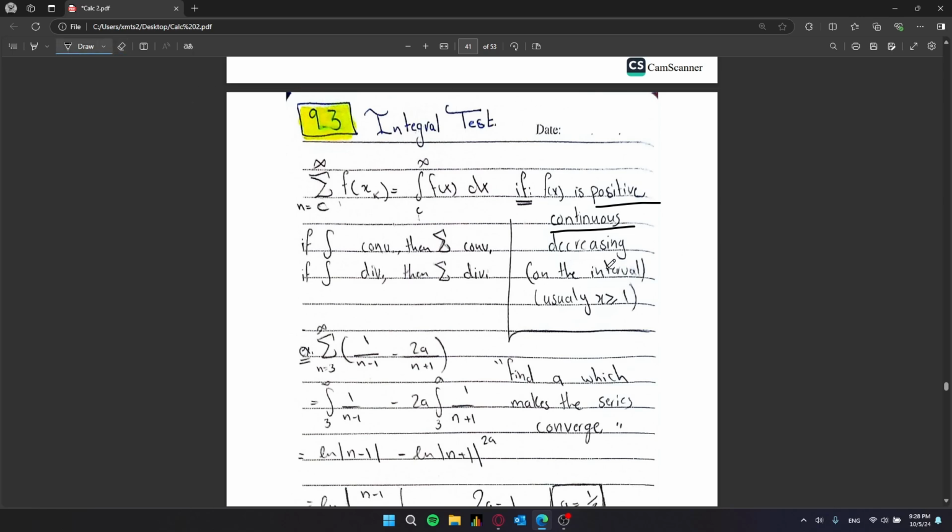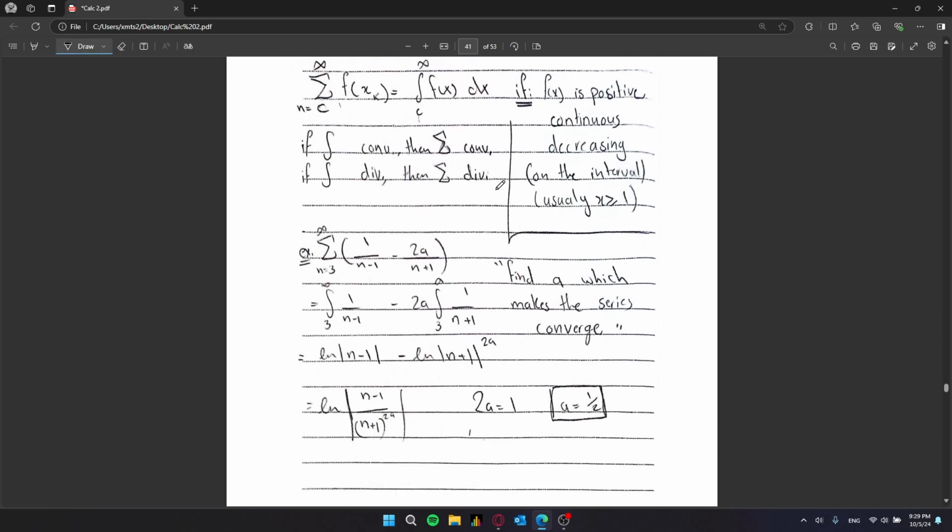And it has to be decreasing. What does decreasing mean? It means that if you differentiate it, it has to be less than 0. That is how you determine if a function is increasing or decreasing. If you differentiate it, at any value of x, if it is greater than 0, then the function is increasing, and if it is less than 0, then the function is decreasing.